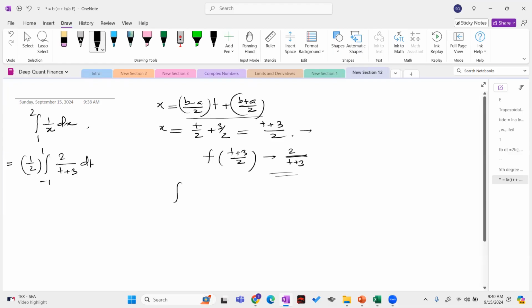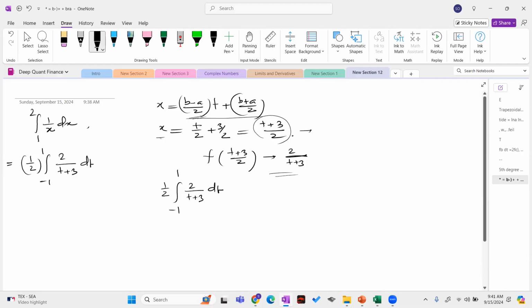Integral 1 by x dx. What is 1 by x? If x is t plus 3 by 2, 1 by x is 2 by t plus 3. What is dx? dx is (b minus a) by 2 times dt. (b minus a) by 2 is half, and this is dt. And when x was 1, t was -1. And when x goes to 2, t goes to +1.